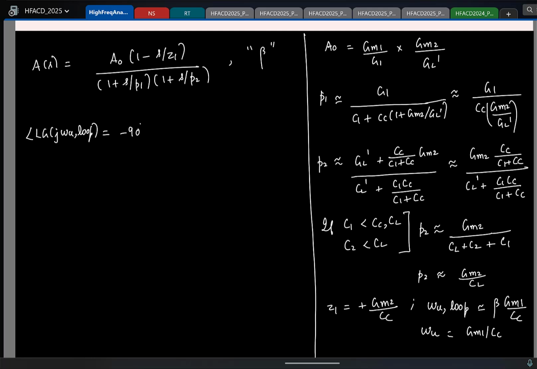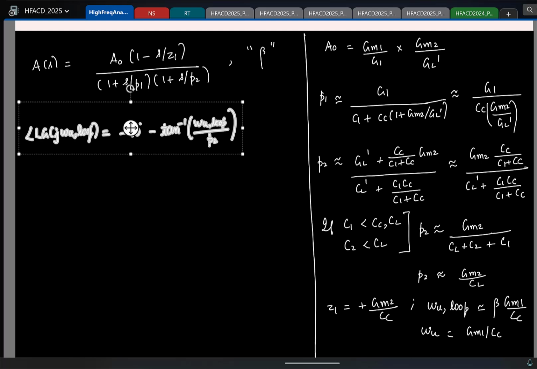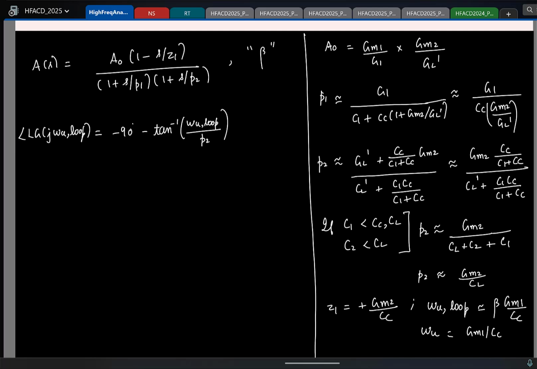Next will be the phase added by the second pole. That number we do not know, so let's write the complete expression. That is minus tan inverse of omega u loop by P2. And what about the phase added by the RHP0? That will also be a minus tan inverse of omega u loop by Z1.